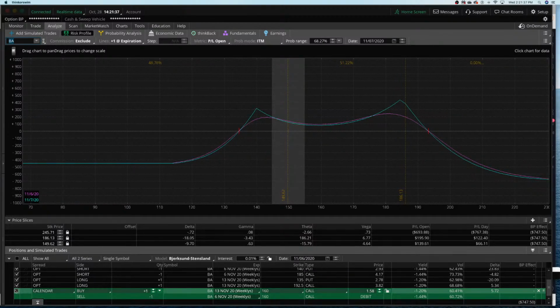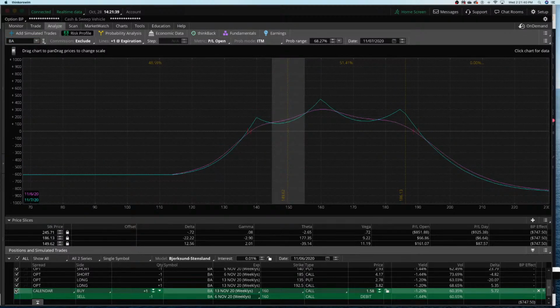Now watch what happens when I add one at 160. I've changed the whole character of the spread now, so I've massively increased the intrinsic value area, the profit area under this, what now looks like a much more elaborate circus tent. All right?